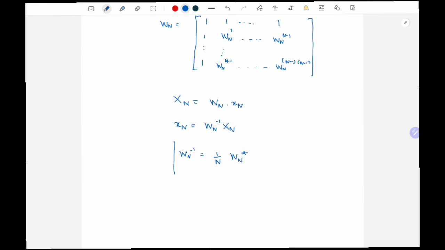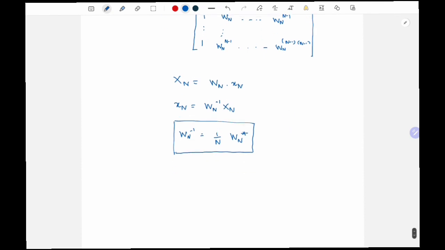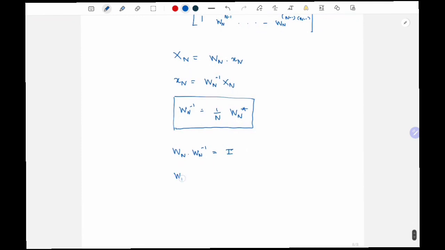So this is the relation for W_N. My W_N into W_N inverse will give me I, but my W_N inverse itself is nothing but 1 by N into W_N conjugate. So my W_N into W_N conjugate is nothing but N into identity matrix.